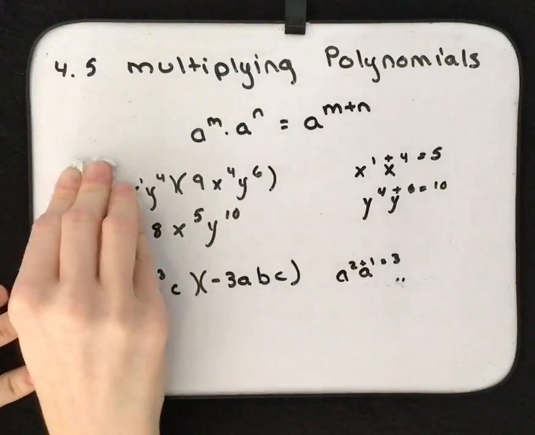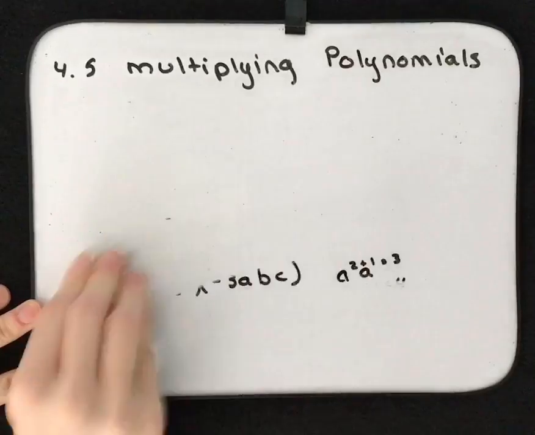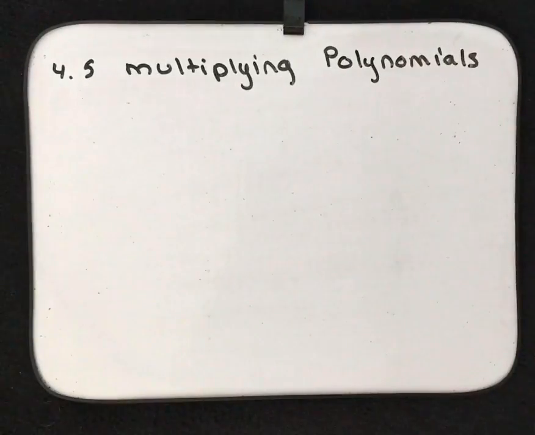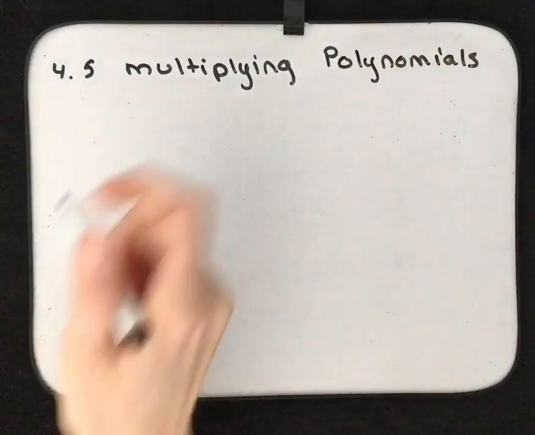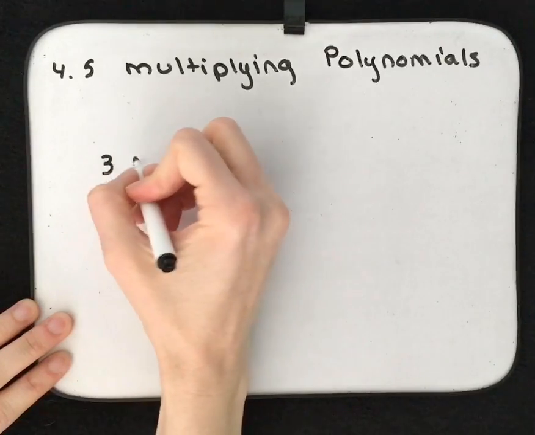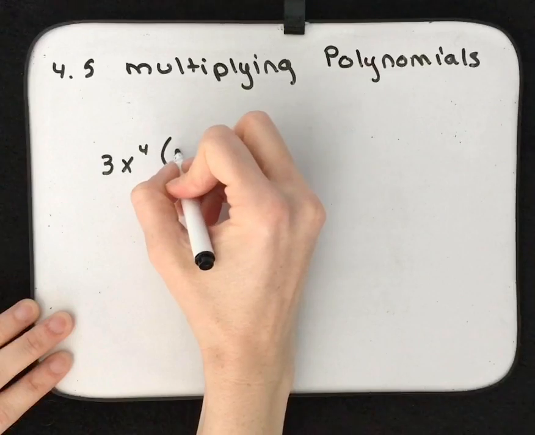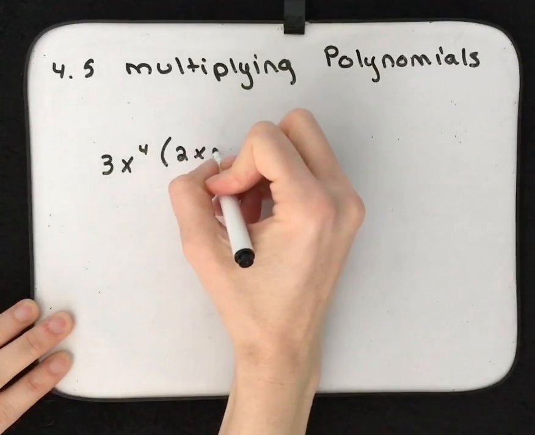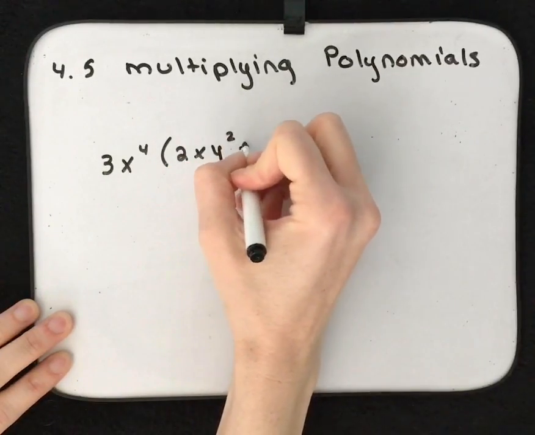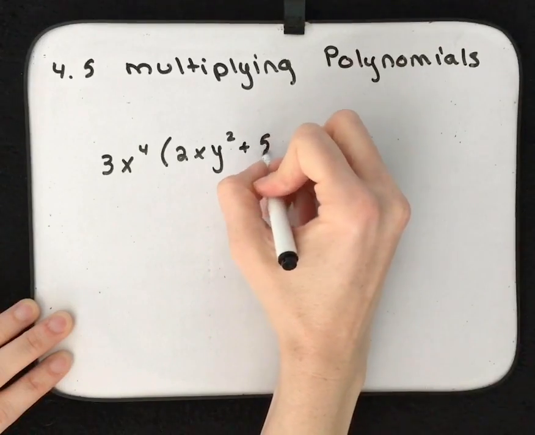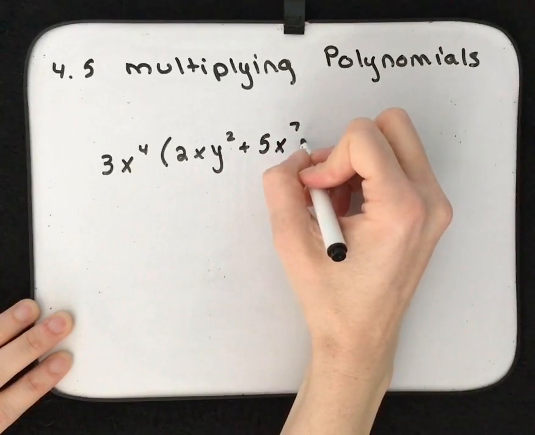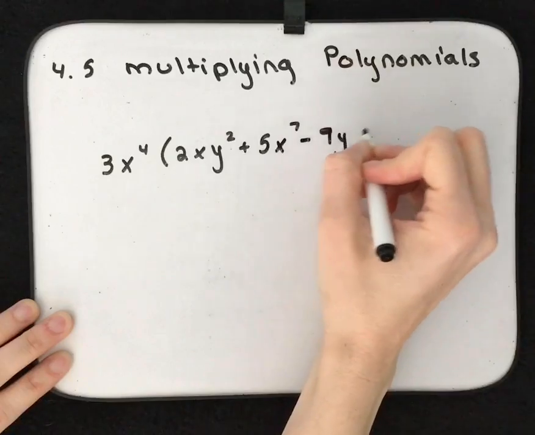Let's try some more. Three x to the fourth times 2x y to the second plus 5x to the seventh minus 9y.